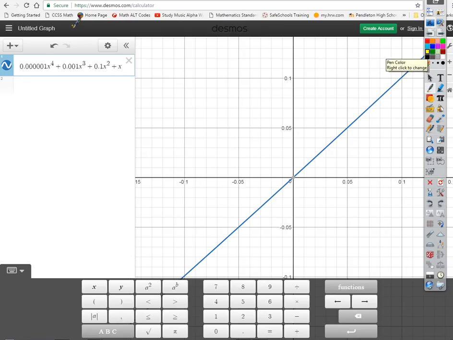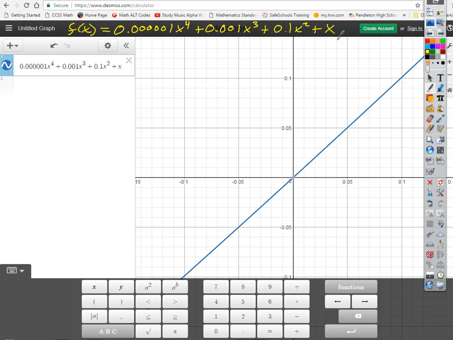F of x equals 0.000001 x to the 4th plus 0.001 x cubed plus 0.1 x squared plus x.